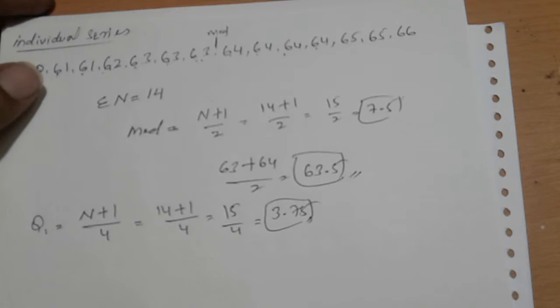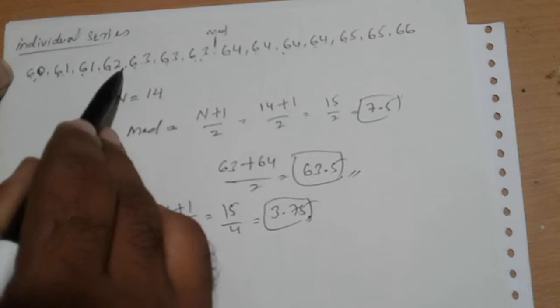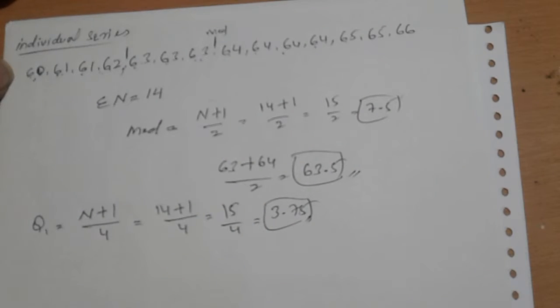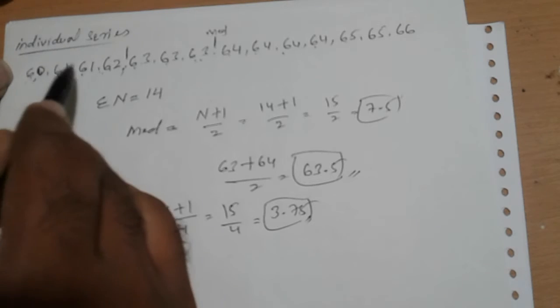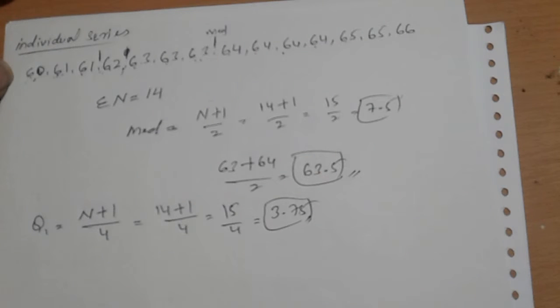For the median we calculated directly, but for the quartile we have to use a longer formula, because 3.75 is coming between the 3rd and 4th items. So you can't take it directly.